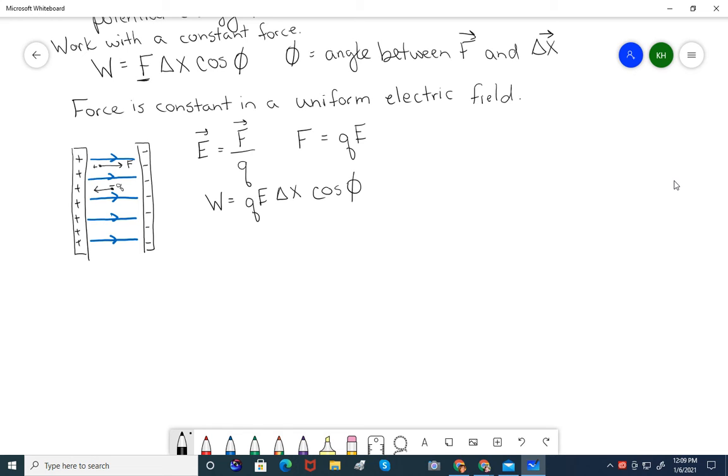All right, let's do an example and put in some numbers. Suppose that we have a uniform electric field, and they tell us the magnitude of the electric field is 4.50 times 10 to the third newtons per coulomb, and it points to the right, just exactly the way I've drawn it up above.